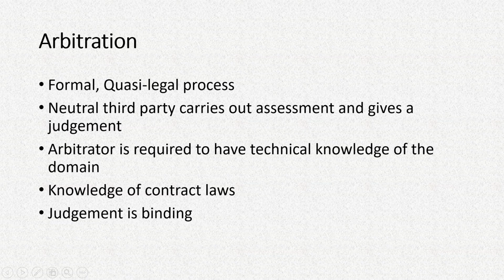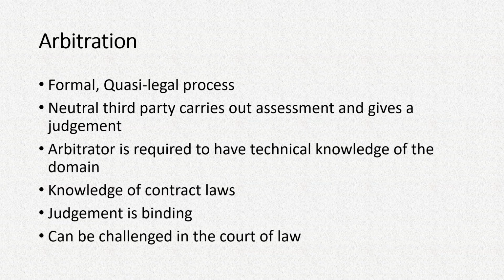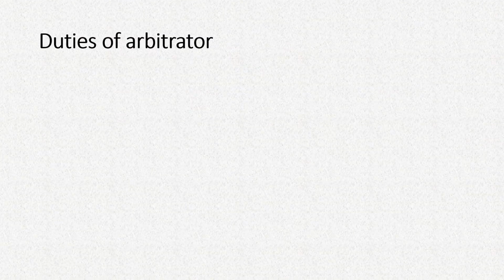But if the judgment given by the arbitrator is not acceptable to the party against whom the judgment is awarded, then they may challenge it in the actual court of law. So in that case, we'll have to go to the next stage, which is jurisdiction. We'll get to that later, but before that, let's discuss some duties or roles of the arbitrator.